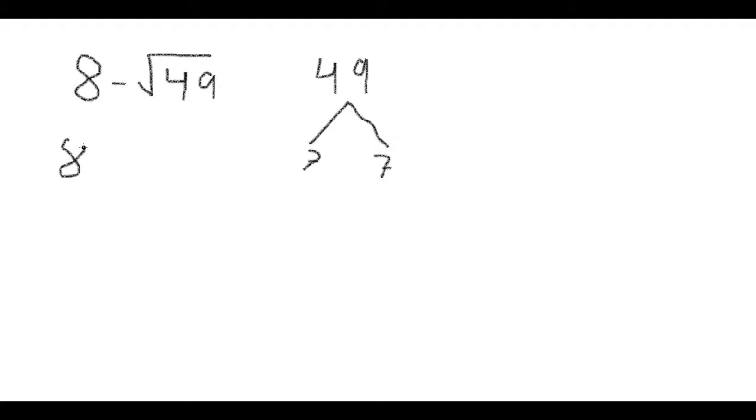First thing is we have to find out what the factors of 49 are that are identical to each other, two numbers. Well, 7 and 7 are perfect. So let's rewrite the problem. So we're left with 8 minus 7, which equals 1.